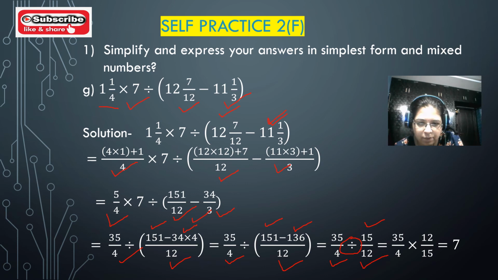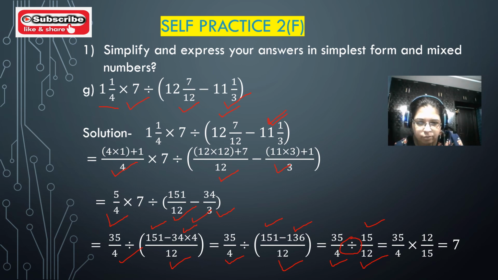Now we get 35/4 multiplied with 12/15, which is equal to product of numerators divided by product of denominators. So 35 multiplied with 12 is the product of numerators, and the product of denominators is 4 multiplied with 15.